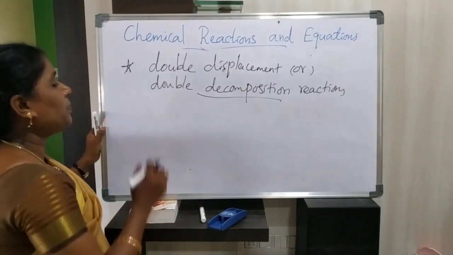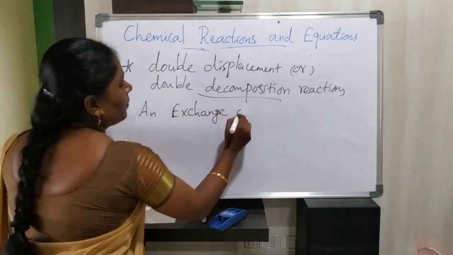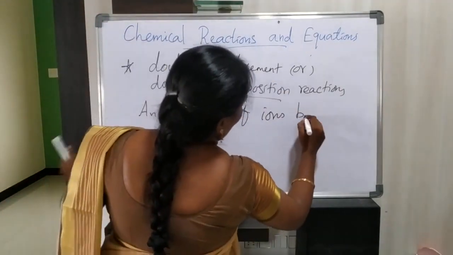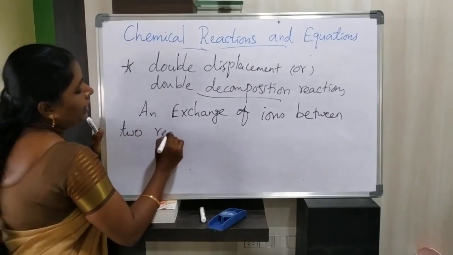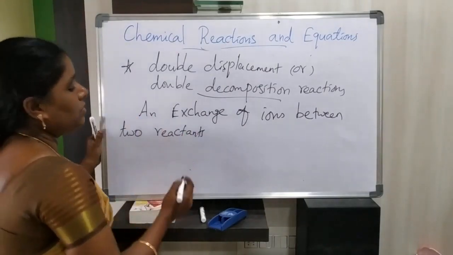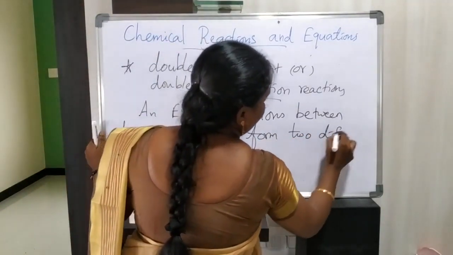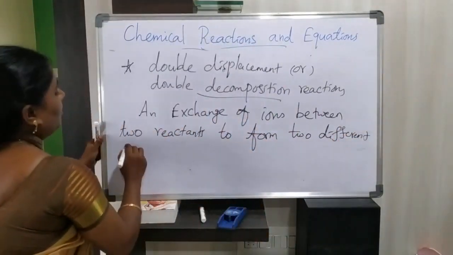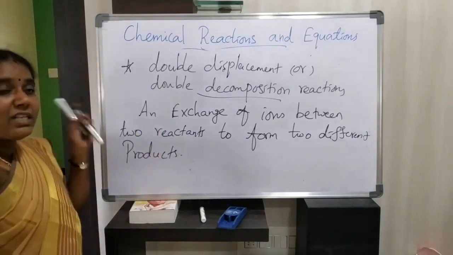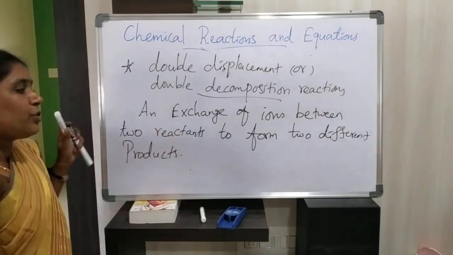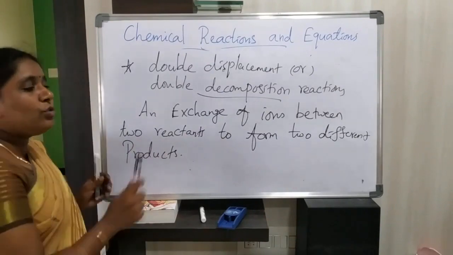Here, what is meant by double displacement is an exchange of ions between two reactants to form two different products. So listen, double displacement or double decomposition reaction is nothing but an exchange of ions between two reactants to form two different products.